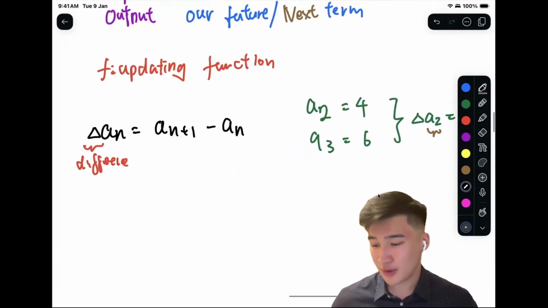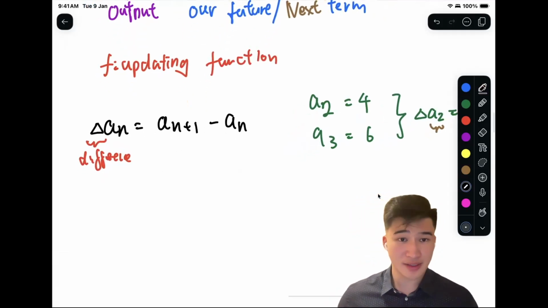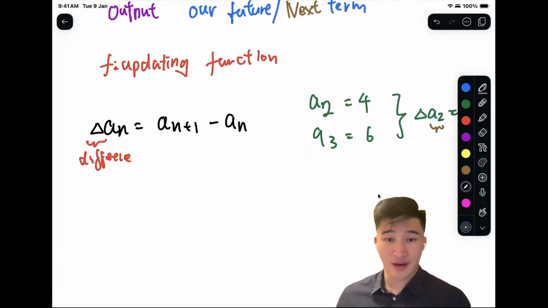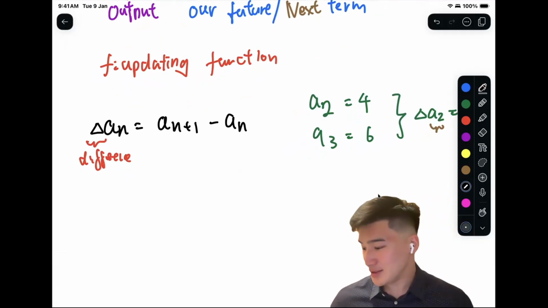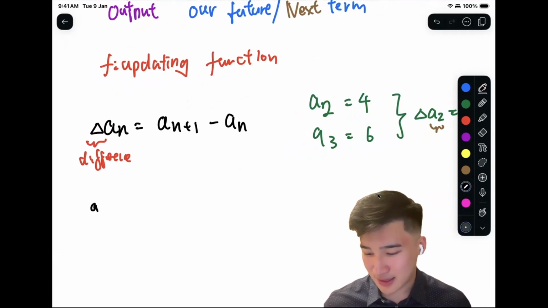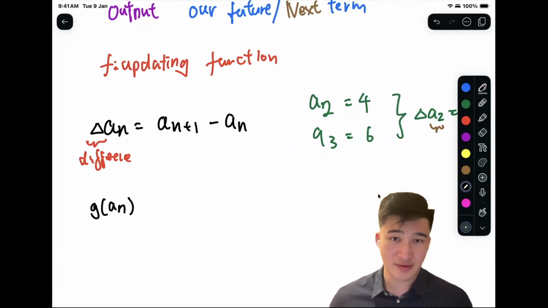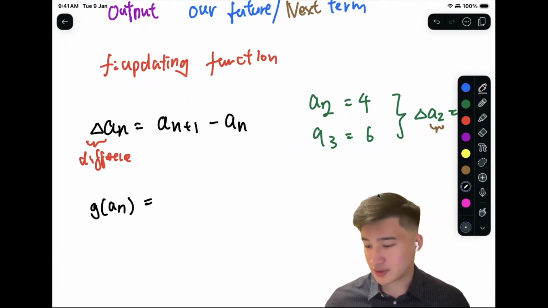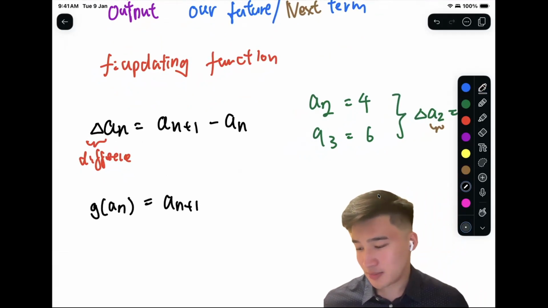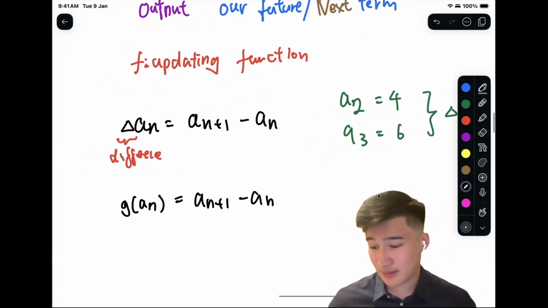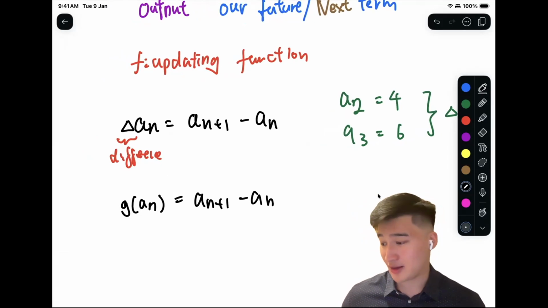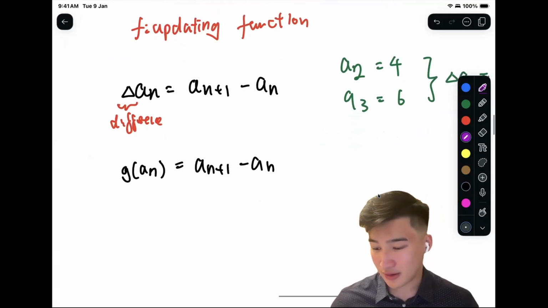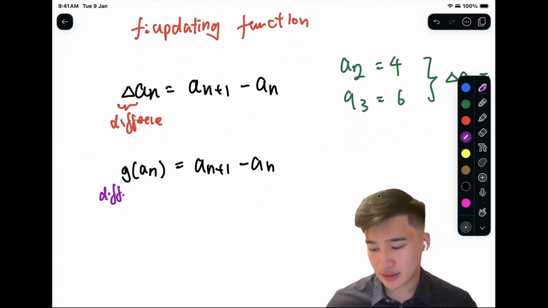And simply enough, since this is a function of a(n) as well, we can also denote the delta as g(a(n)). g is another function. So our g(a(n)) becomes a(n+1) minus a(n). And notice that delta a(n) and g(a(n)) are the same thing. So g(a(n)), now we can call it a difference function.